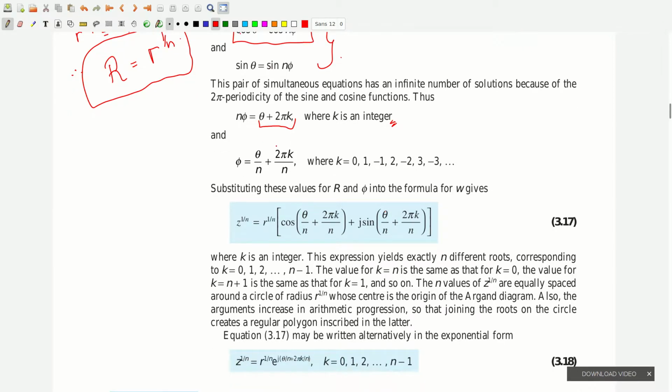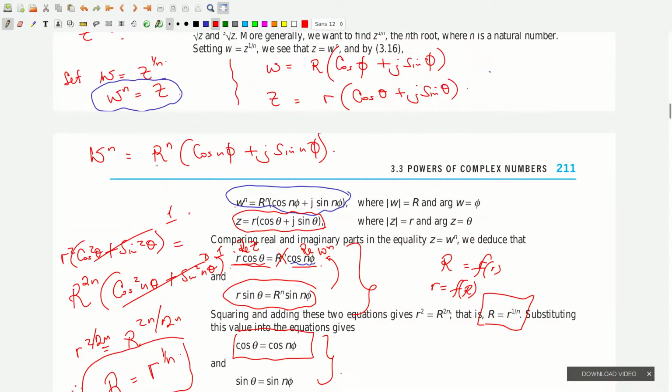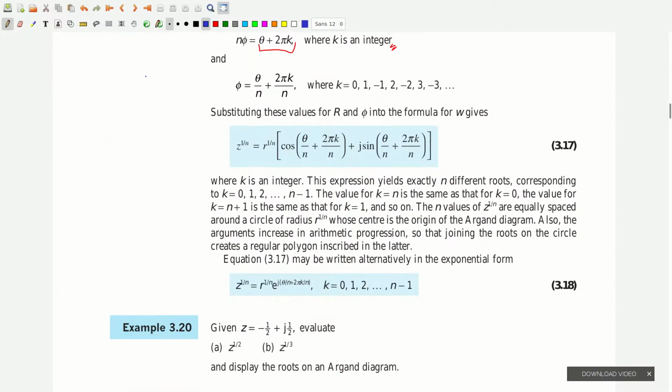So now that we have everything, we are going to substitute these values for r and phi into the formula for w, because remember we started by saying let w be equal to z to the nth power. So w equals z to the nth power, but we know that w, we said, was r, cos phi plus j sine phi.